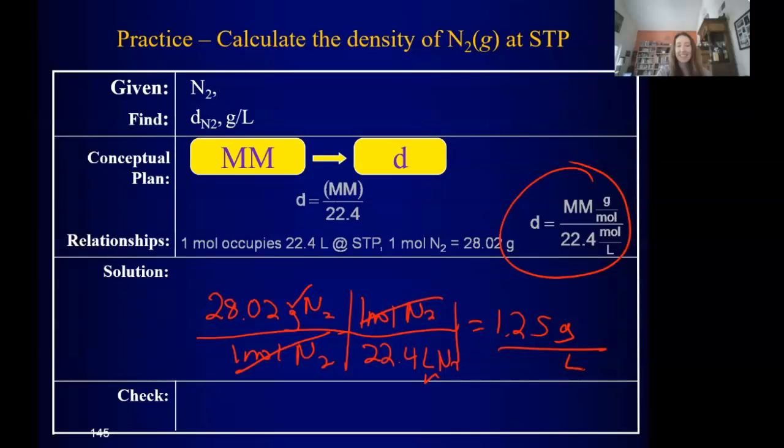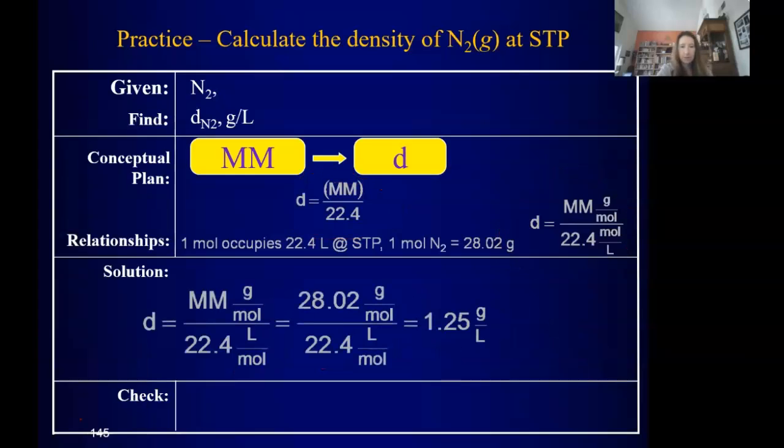Nice density, right? And again, here's just the shortcut, but feel free to do this either way. We end up with 1.25 grams per liter. And again, remember, this is only at STP. Otherwise, we have to do it the long way, which we'll do a couple more of.